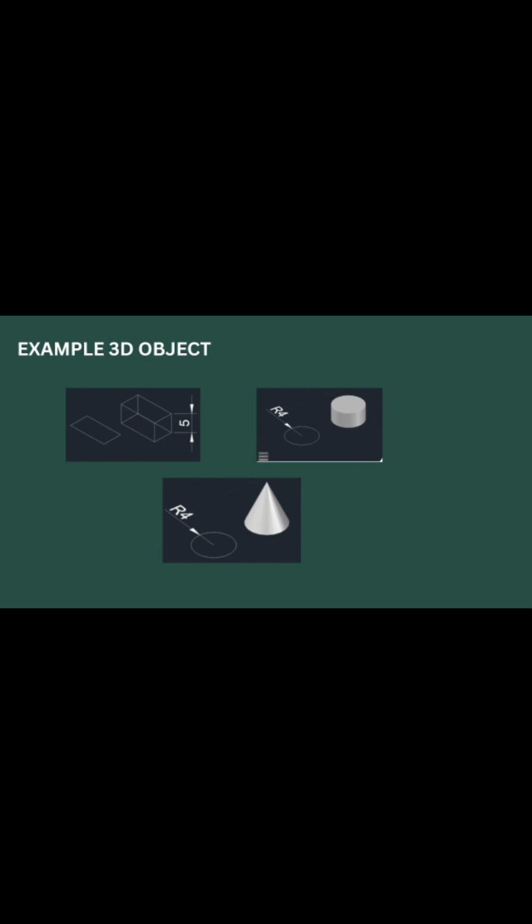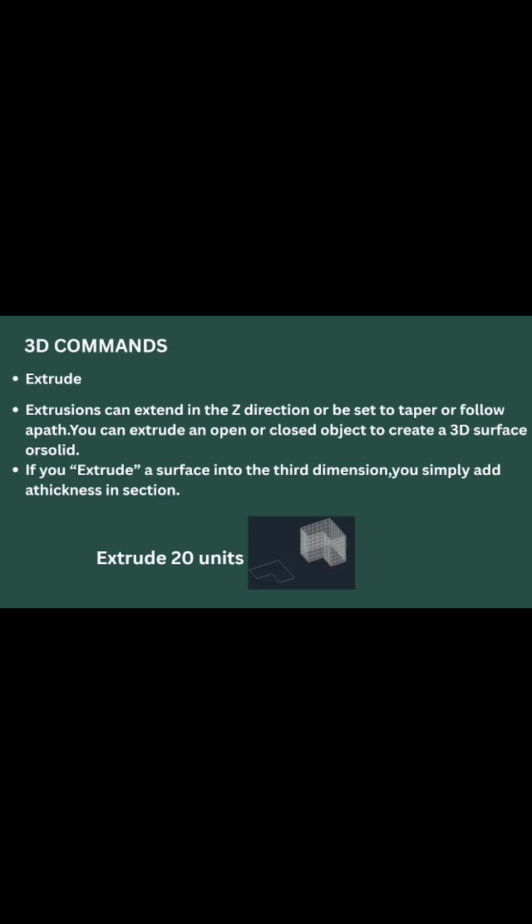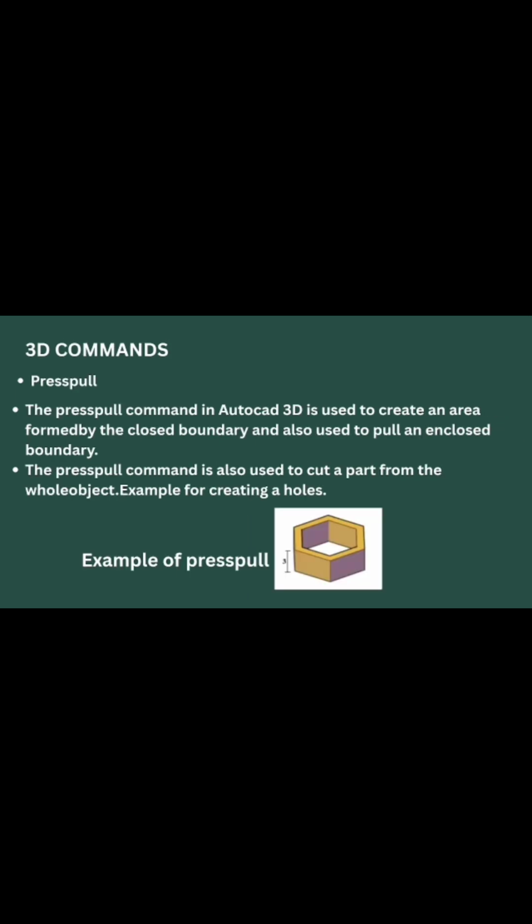We can see a prism, a cylinder, and a cone, each with dimensions that show how they are defined in AutoCAD. The extrude command lets us take a 2D shape and push it in the Z direction, turning it into a 3D solid. This is one of the most common ways to build 3D models.